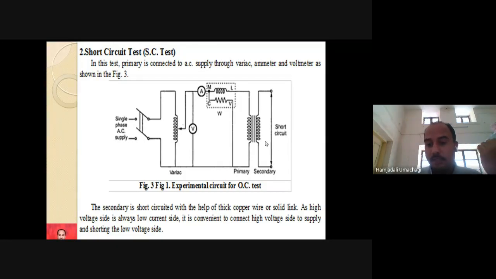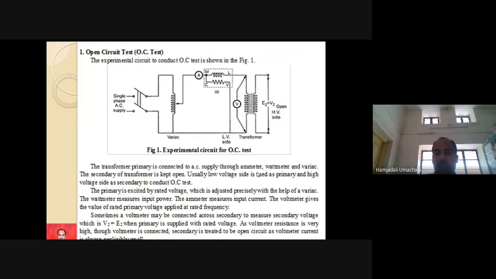But in the open circuit test, the secondary should be kept open, and which type of winding should it be, HV or LV? In the open circuit test, the secondary should be kept open, and that open secondary winding should be the high voltage winding.